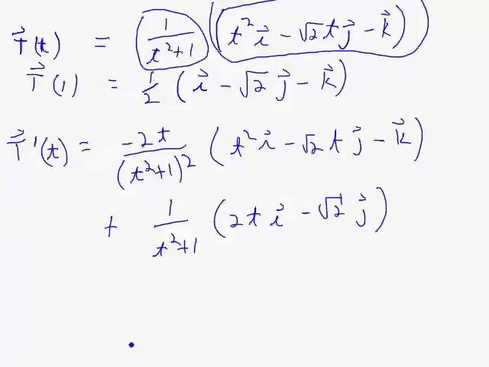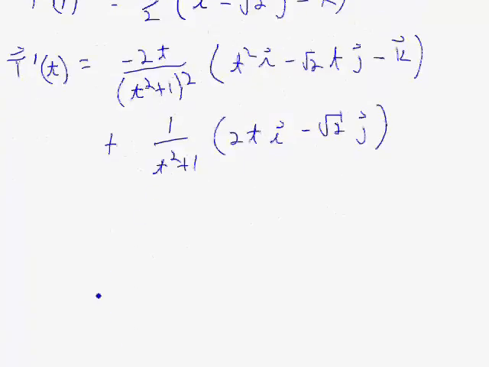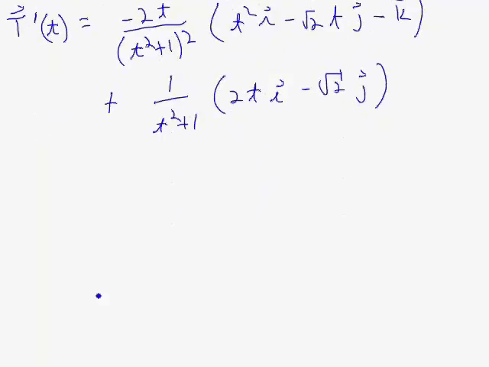Now at this point, since we're just looking for N of 1, we can go ahead and find T prime of 1 and then use that result to find N of 1. So T prime of 1 is going to be, well, if you stick a 1 in here and here, you get negative 2/4, which is negative 1/2. Stick a 1 in here and here, and you get just i minus root 2j minus k.